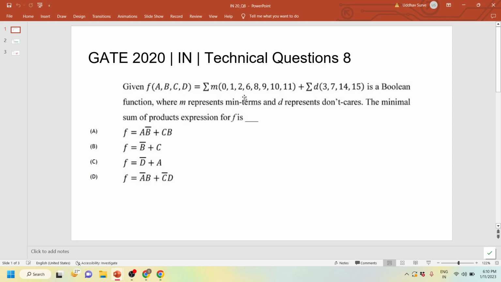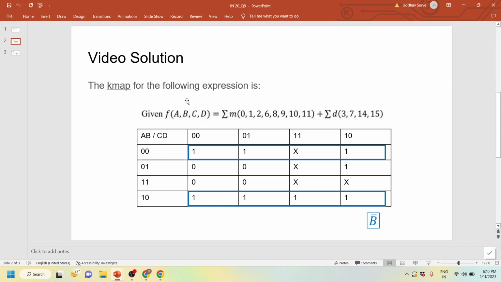It is a Boolean function, where m represents min terms and d represents don't care. The minimal sum of products expression for F is. So what logic will we follow for this function of ABCD? Let us plot the K-map for the following expression.